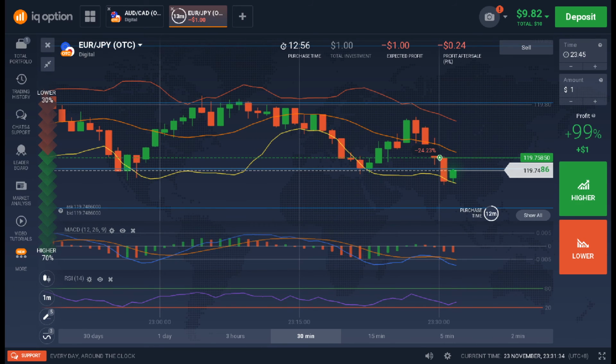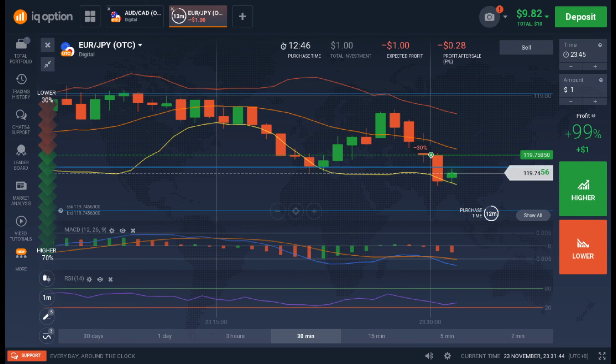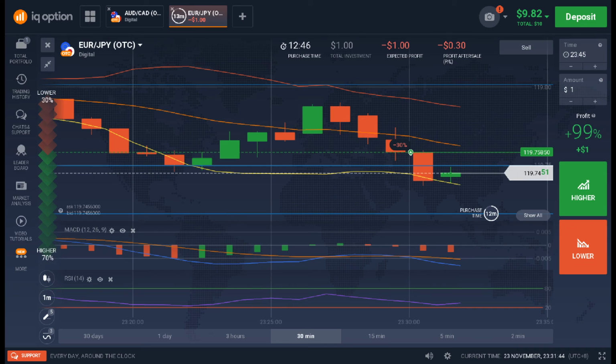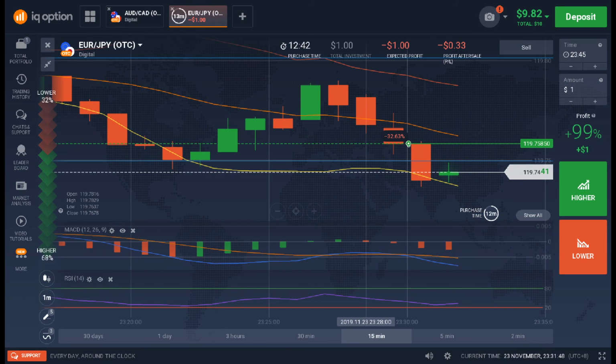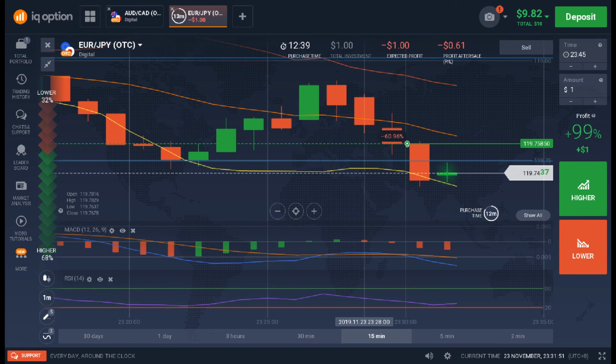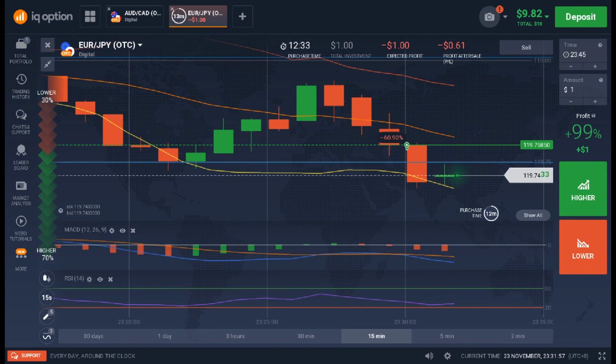Looks like this is going to give us that bounce we've been waiting for. Wow, super slow. It's like I'm trading blindly here because of this internet.